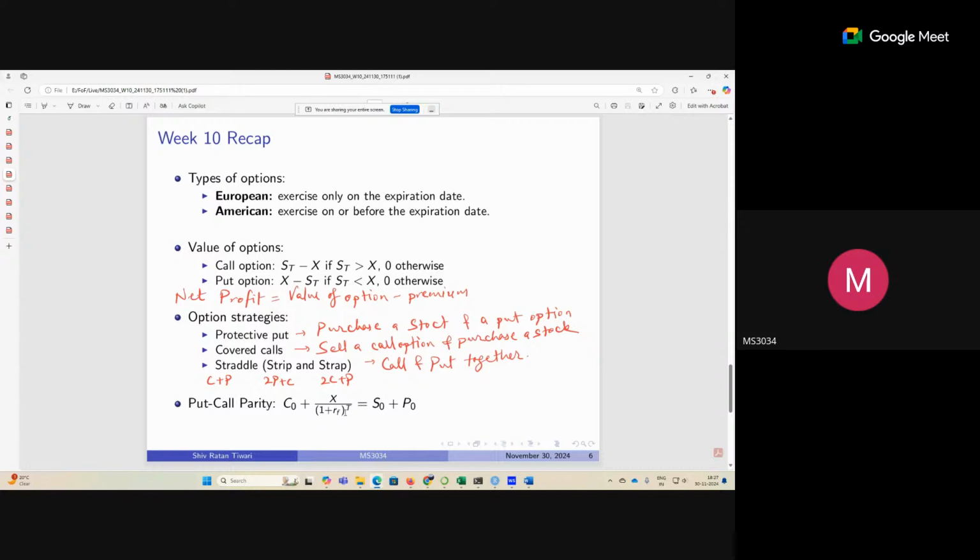The right hand side is the stock plus the put option, which is the protective put, and the left hand side is the call plus X, which is, I think, borrowing, if I'm correct.